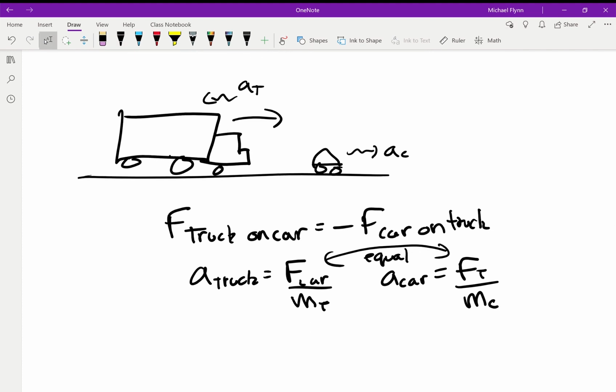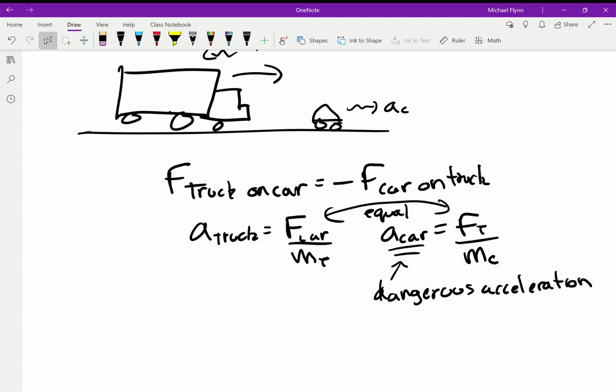Whereas the car will speed up in that forward direction, of course, because it's sitting there parked. But what's dangerous is this acceleration. This is where the danger is: how much acceleration you get, not necessarily the force directly.